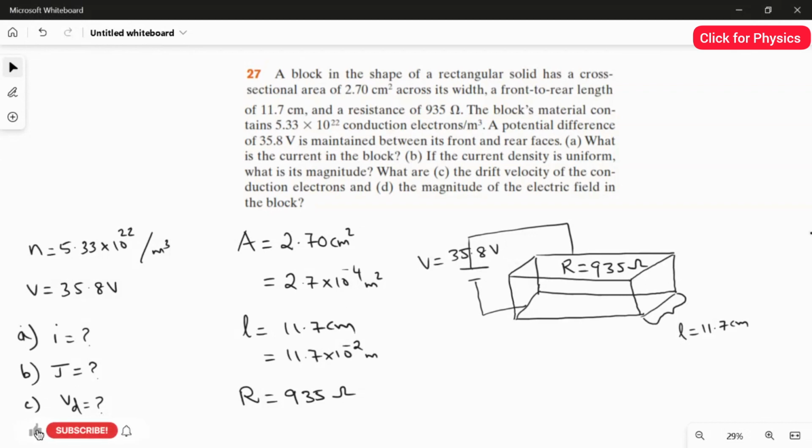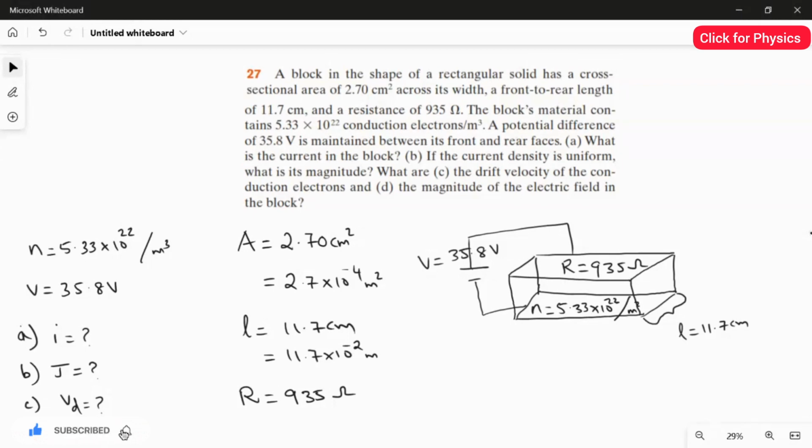And then how many conduction electrons we have in this volume of the rectangular solid block? We have the conduction electron number as 5.33 multiply 10 power 22 per meter cube.